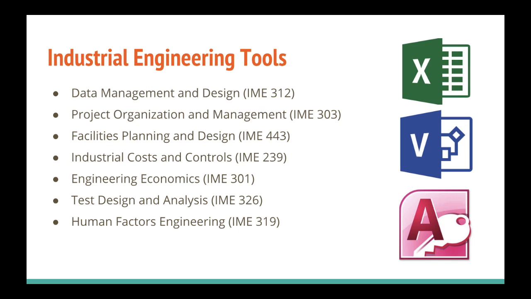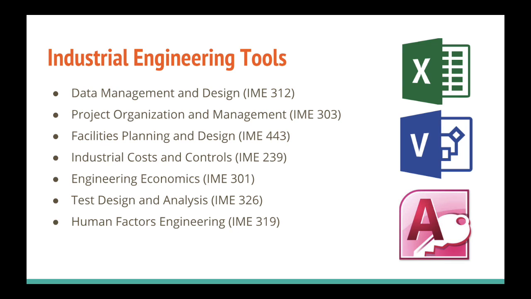There are going to be numerous tools that we will use for this project that we have learned in our industrial engineering curriculum. The main tools that we will use for this project will branch off concepts learned in database management and system design, or IME 312. For example, we will have to understand the concepts learned about ER diagrams and make sure the correct data points will be placed in the correct fields.